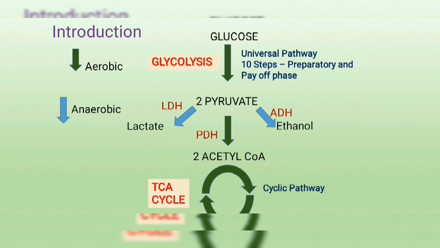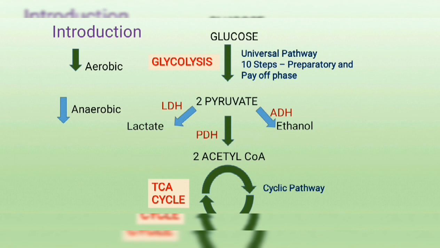So before seeing the detailed reactions or the steps taking place in the TCA cycle, I would like to tell you a few points regarding glycolysis and the TCA cycle and its connection with the production of energy.